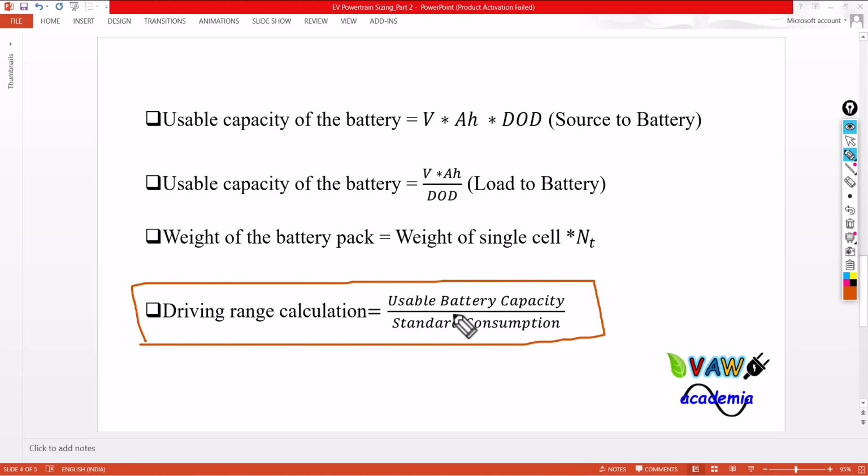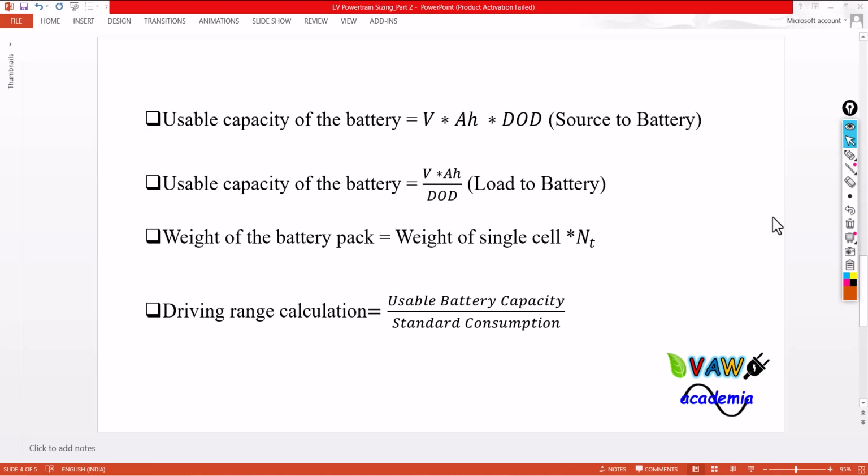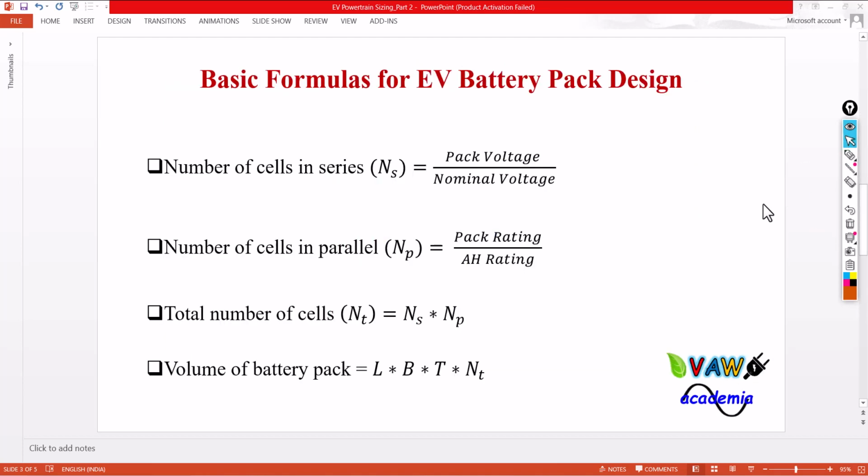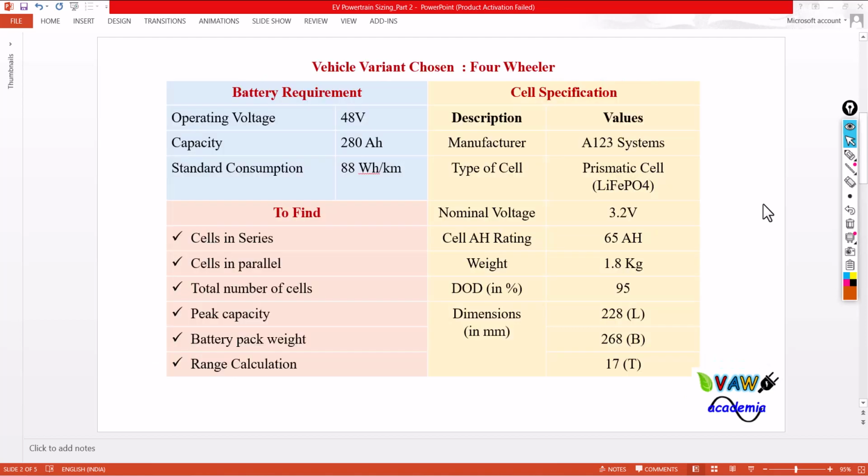That will be done by the usable battery capacity, using this formula: usable battery capacity divided by standard consumption. That standard consumption is given in the requirement itself: 88 watt hour per kilometer. Okay, so with this specification, I am going to calculate my battery pack.